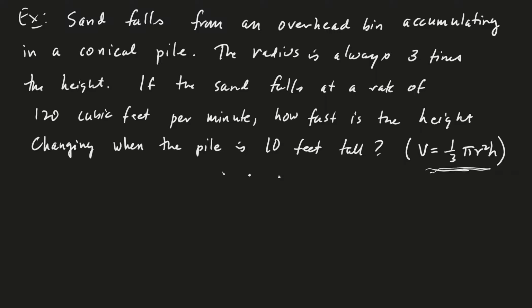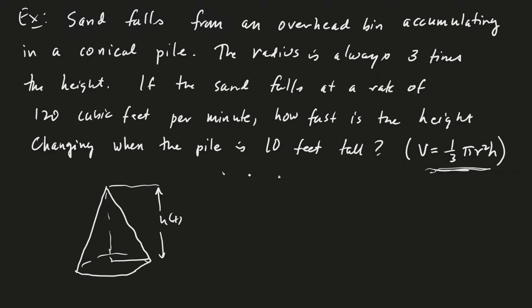Good, so the picture you have hopefully looks like a cone, an upside down cone kind of. So there's our cone, and here's our height h of t. H of t is the distance up, and here's our radius r of t.